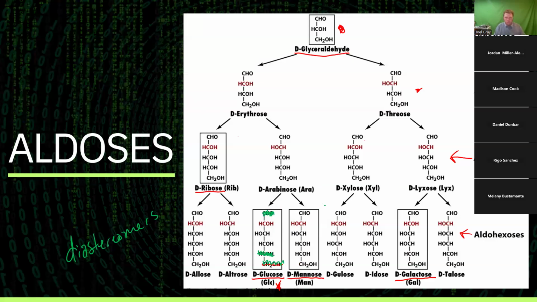For glucose I've got right, left, right. Let's compare glucose to D-talose at the far end here. Would it be appropriate, Y or N, to use the term epimer to describe the relationship between glucose and talose?